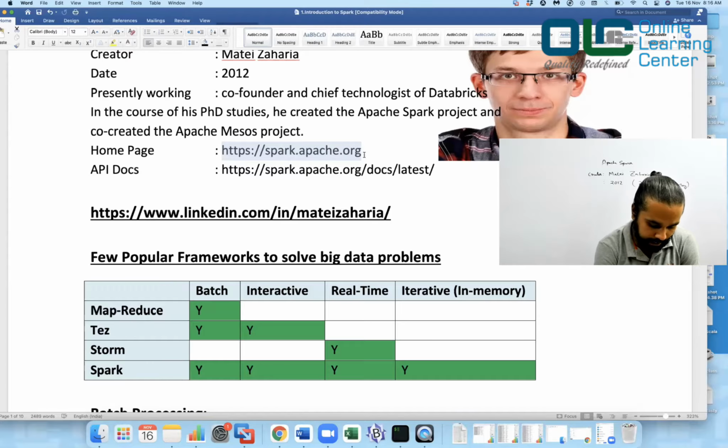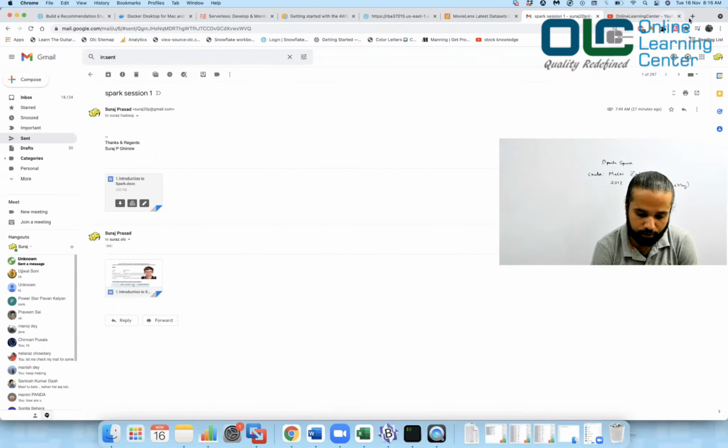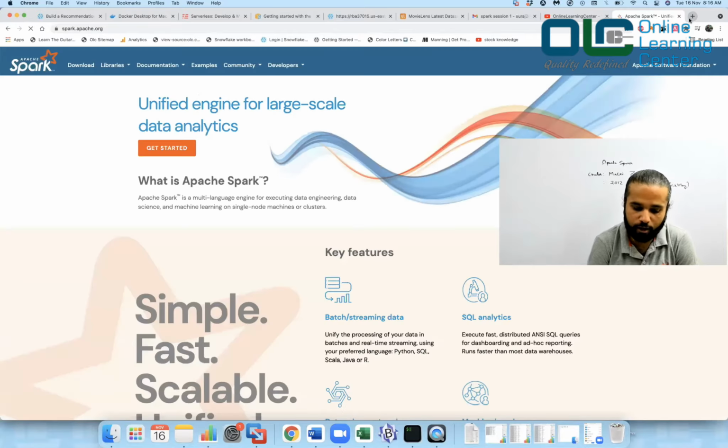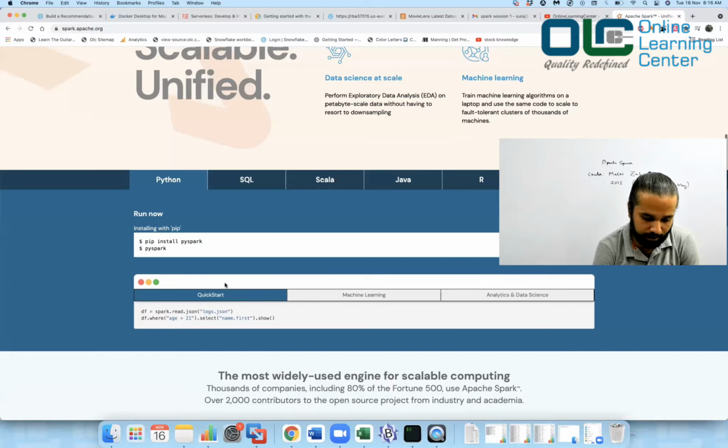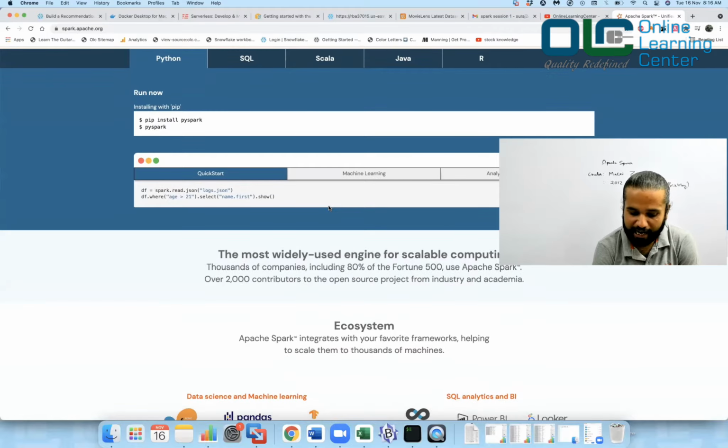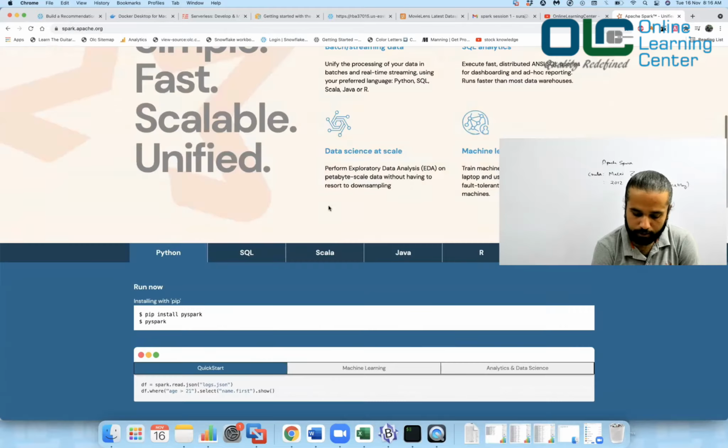This time, these guys have created an awesome homepage. It looks like they've done a lot of work at the UI level, and it does not look as boring as it used to be earlier. If you see, you can use Python, Scala, Java, or R to work on Spark.